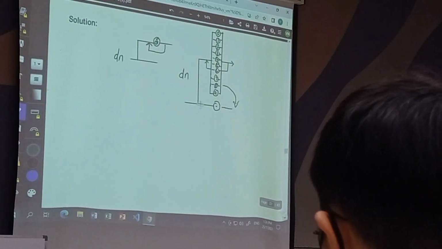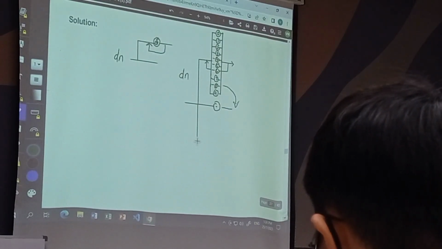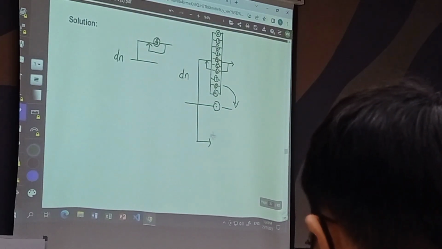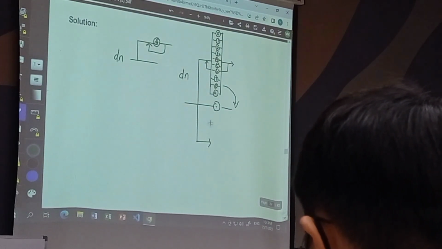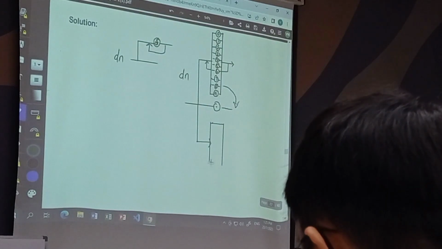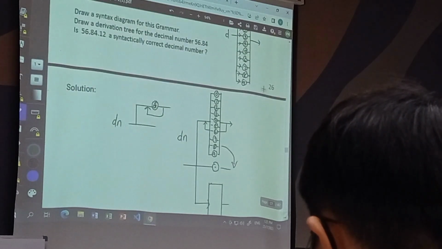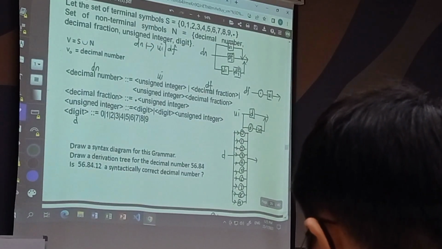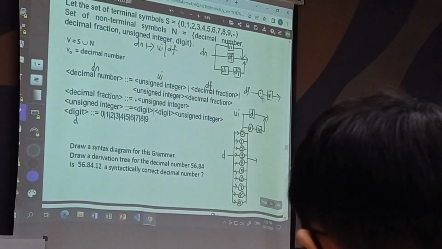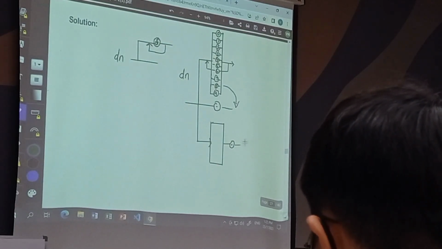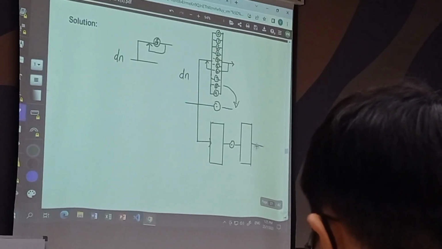Third one, you have the unsigned integer, another digit here. This is 0 to 9. And then, what else you have? You have a decimal fraction, right? So decimal fraction, you substitute with a decimal point with a digit. So here, everything you can go back.